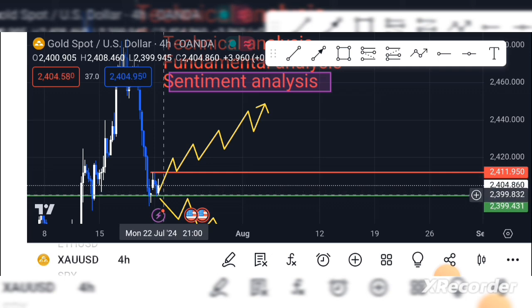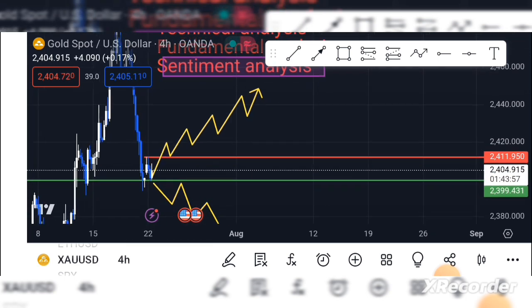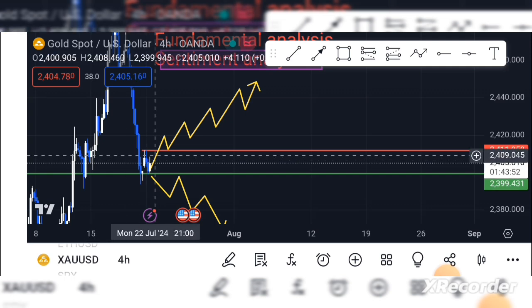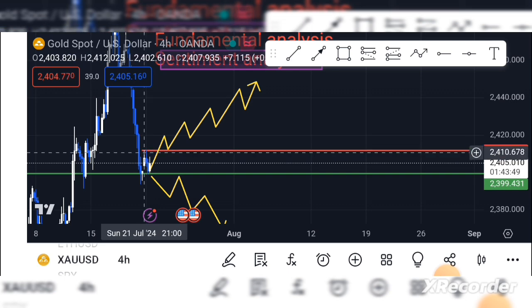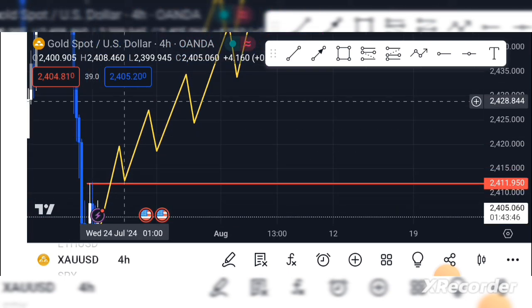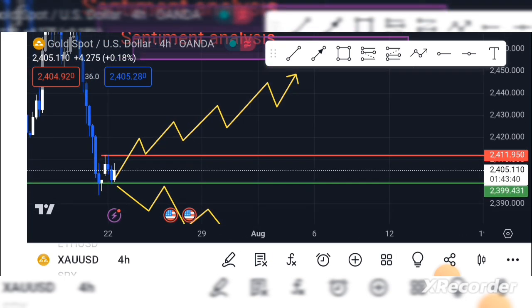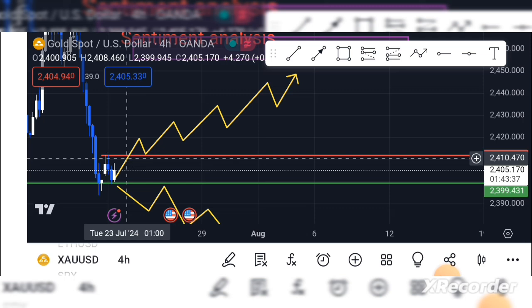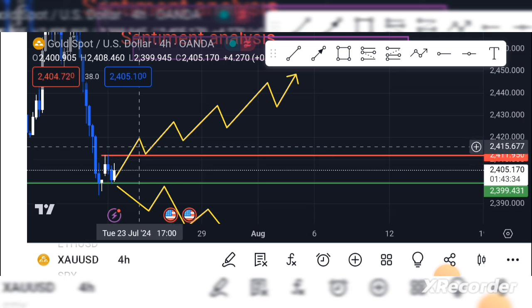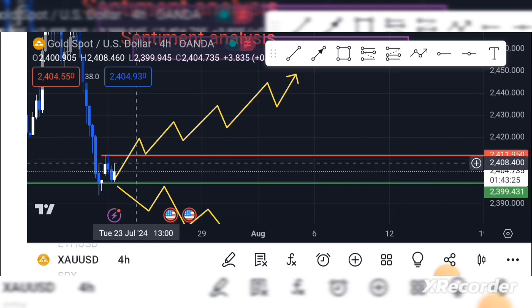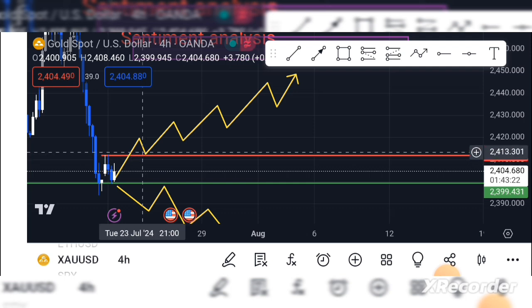What I like to do in this consolidating market is, once it breaks out from this zone, let me zoom in so you can see it clearly, I enter a long position. I'll wait for the market to retest this block, this break of structure. Once it's retested, I'll enter a buy at this point.